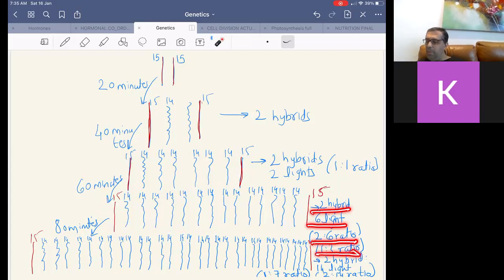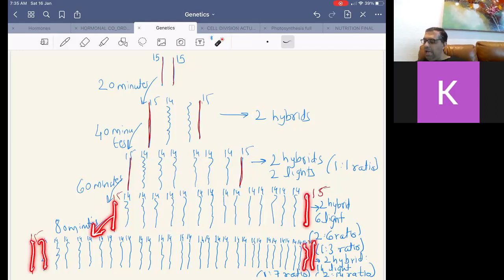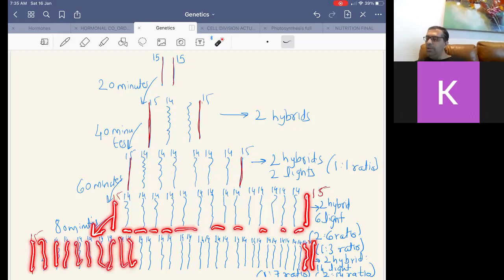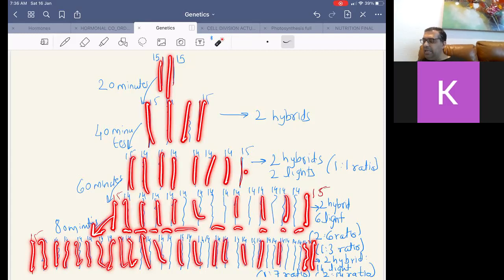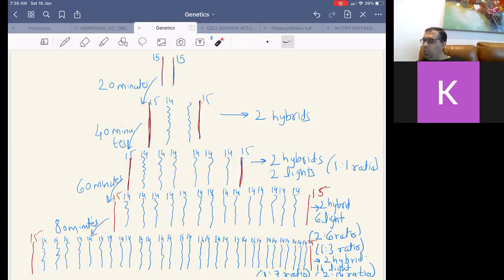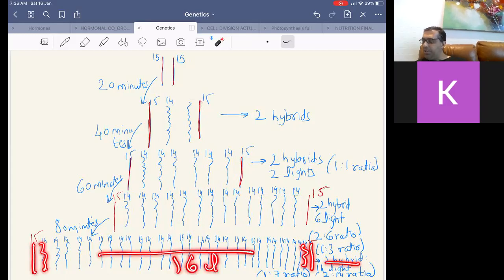If we multiply for 80 minutes, then 15 will get 14, 15 will get 14, and all the other 14s will get 14-14. Now, 1 becomes 2, 2 becomes 4, 4 becomes 8, and 8 becomes 16. Of these 16, two will be hybrids, and in between the remaining 14 will become light.